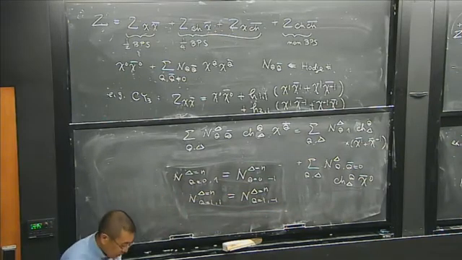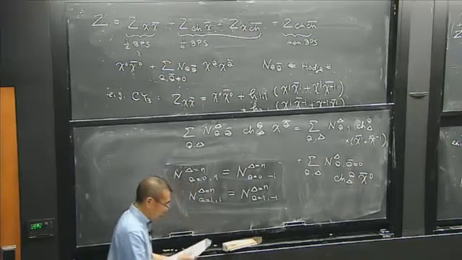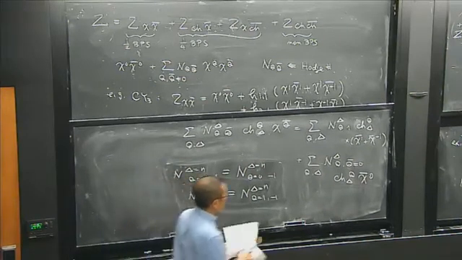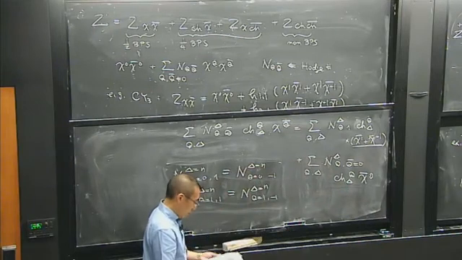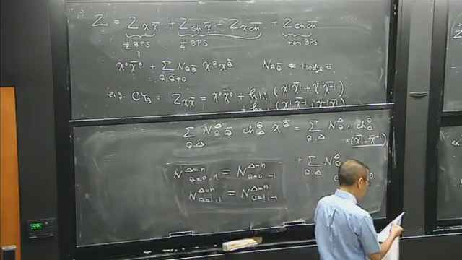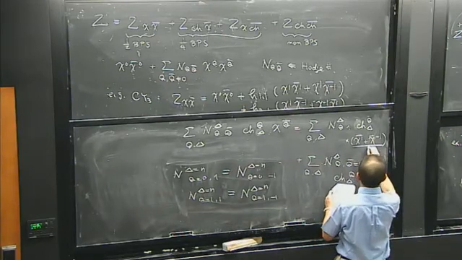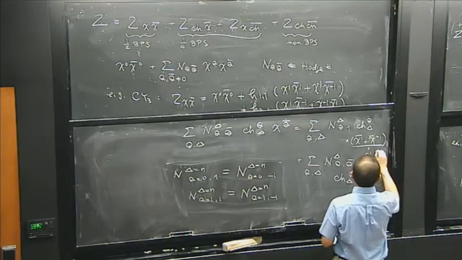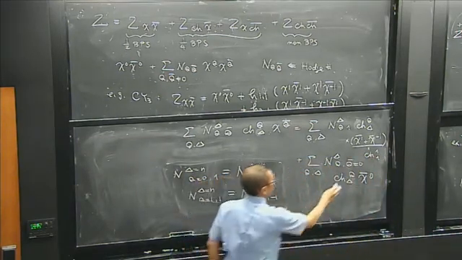But then, if you remember what I wrote earlier, which I think I erased, this is actually the combination of massive characters. This is equal to ch of 1 bar.